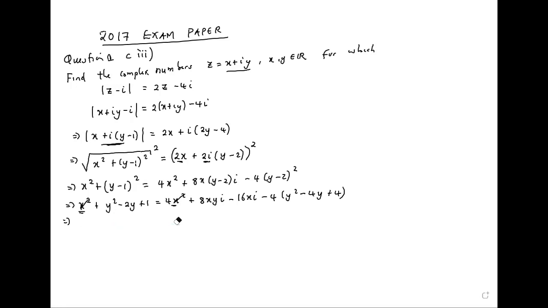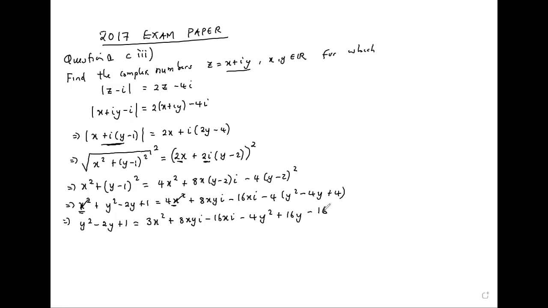To avoid confusions, we've only picked X squared, taken the other side. So Y squared has remained here, minus 2Y plus 1 is equal to, here we have 3X squared now, plus 8XYI minus 16XI minus 4Y squared plus 16Y minus 16.